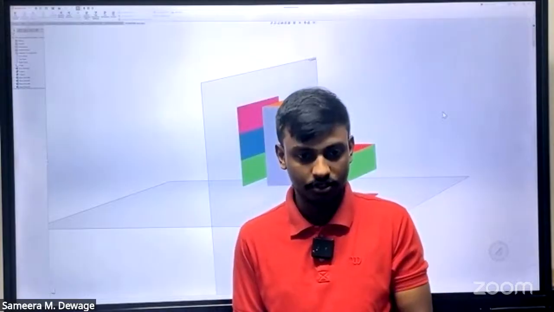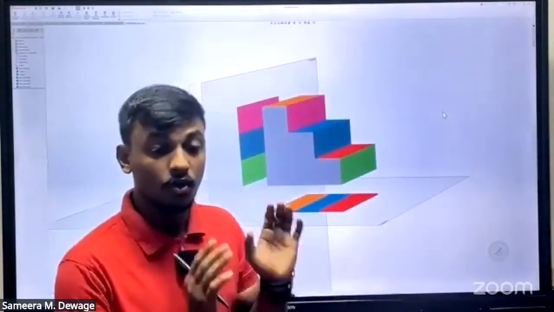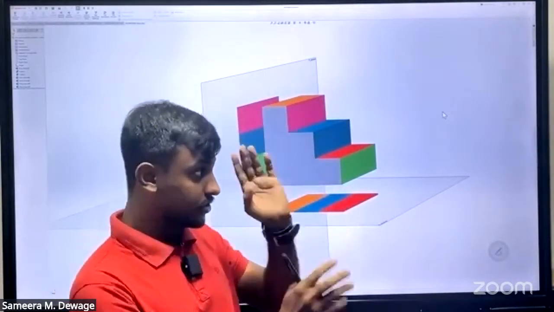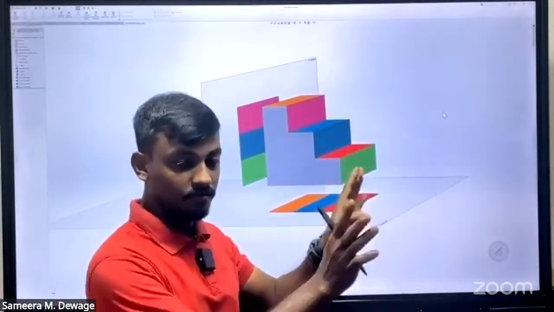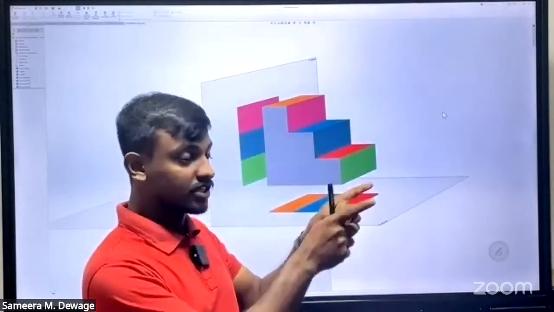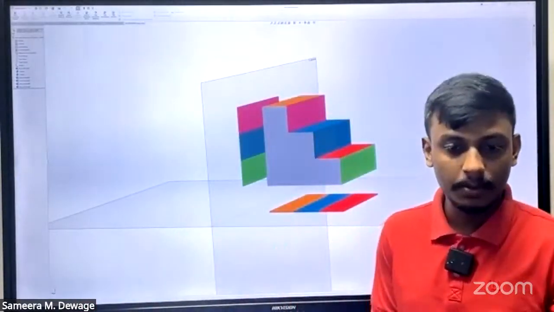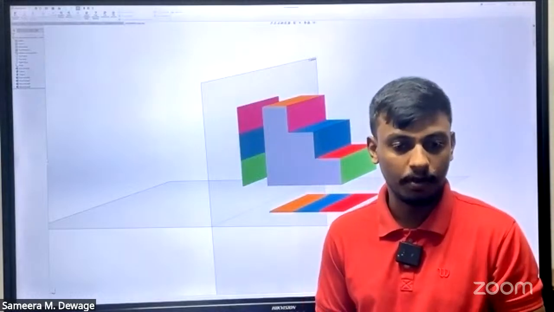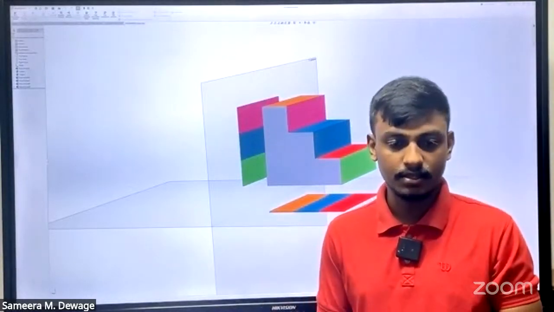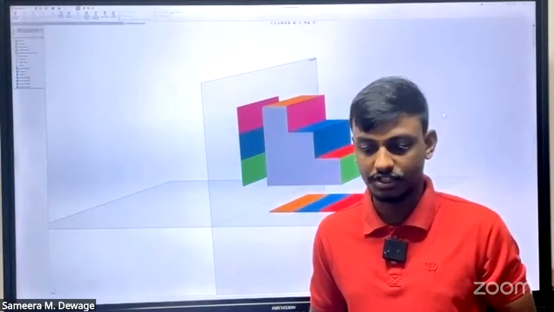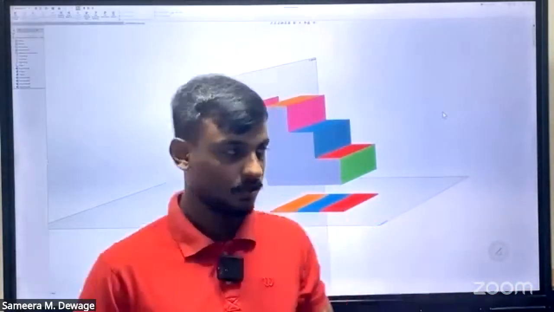So orthographic projection means looking at the object perpendicularly from different directions, and the projection view we draw on our 2D plane or graph paper. That's the simple definition of orthographic projection.